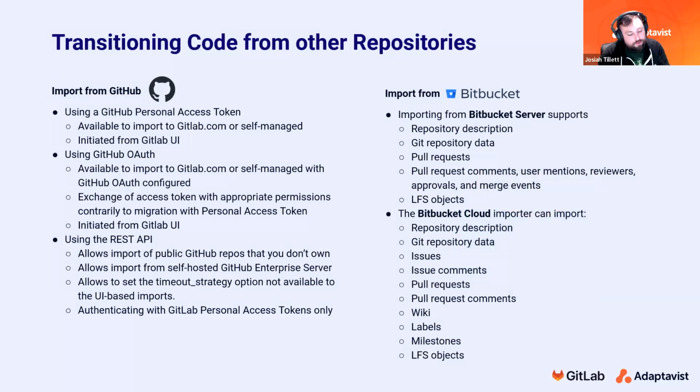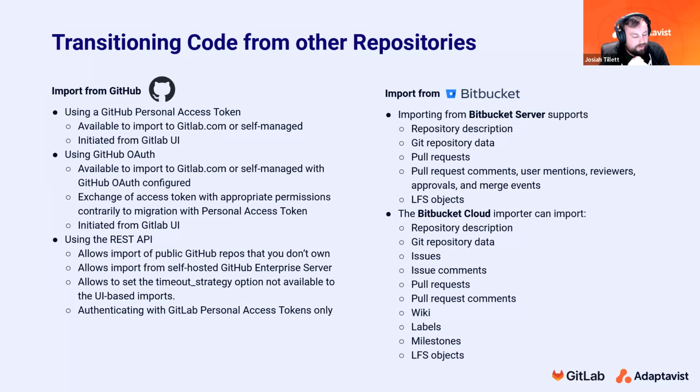As far as migrating from other tools, you've decided you want to use GitLab. Maybe you have your other repositories where you're having your code already. Know that GitLab provides a built-in tool for importing from most major providers like GitHub, Bitbucket, etc. There are different tools. All of this information here on this slide is about how to import, what it'll import.